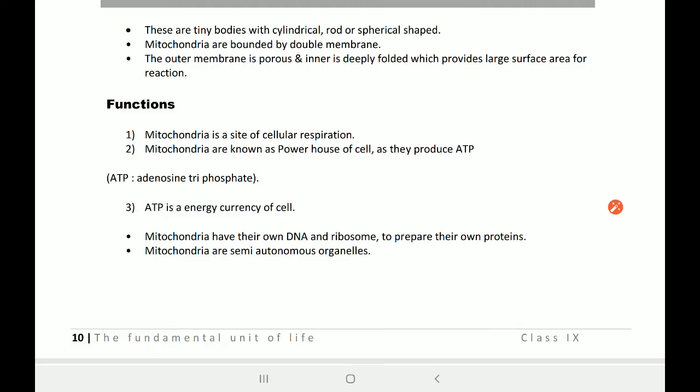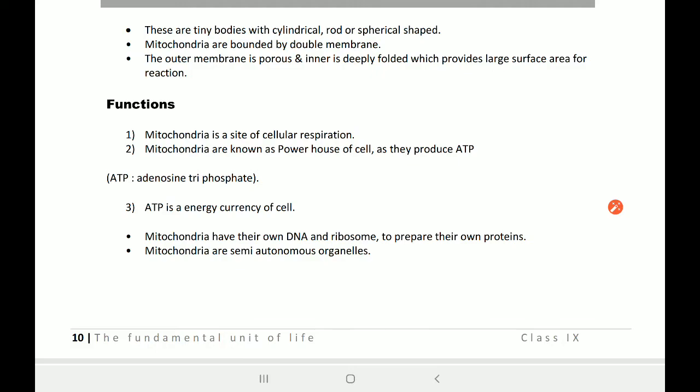Yes, this is a very important point one should remember. Mitochondria has its own DNA. Basically, DNA is present in the nucleus. You know that the nucleus carries the DNA, all the chromatin material, and protein synthesis is also directed by the nucleus. But mitochondria have their own DNA and own ribosomes.